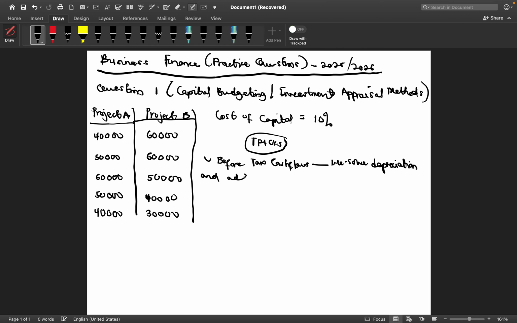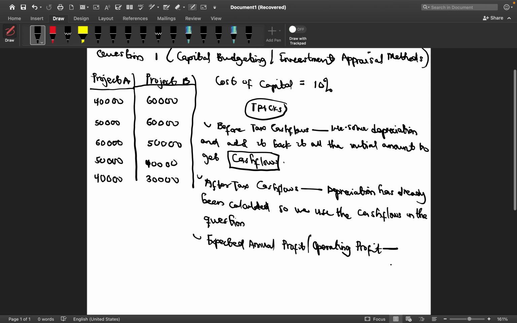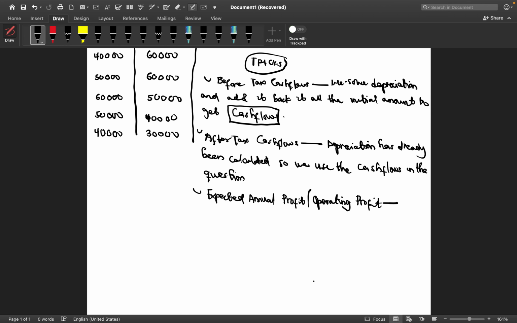Now, also, if the question stated expected annual profit or operating profit, I'm showing all the tricks involved in capital budgeting.